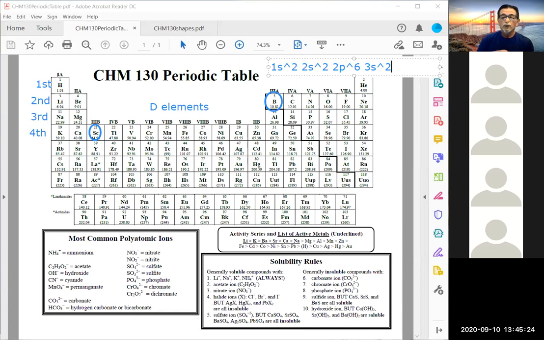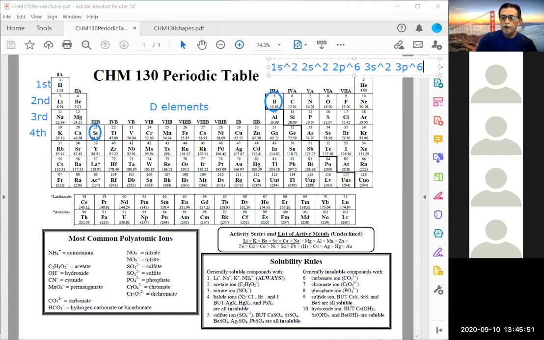And it continues, okay, all the way across. And if it went all the way across to argon, which is number 18, it will be 3p superscript 6, okay? Count my math, make sure I got 18 electrons, and sure enough, that would be the electron configuration for argon.